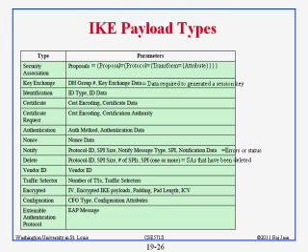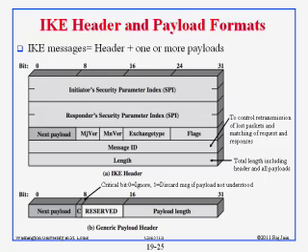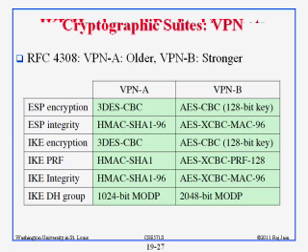Certificate, it will have what encoding the certificate data is in, and then the certificate itself. Certificate request, this is the encoding I want, this is the authority I want. Authentication, and so on and so forth. So there are many things which go on in these messages, and the exchange type field tells which one.